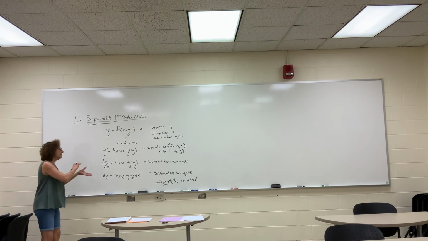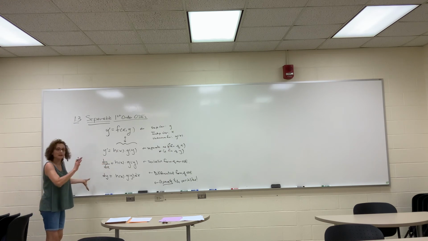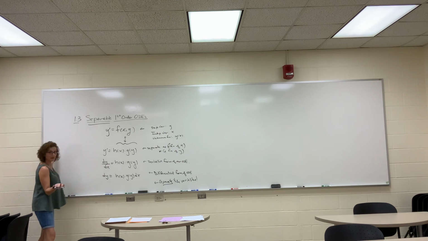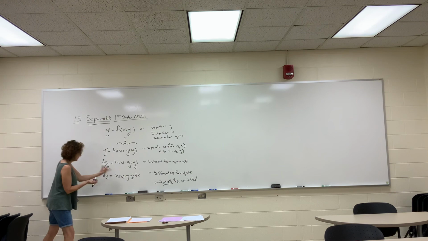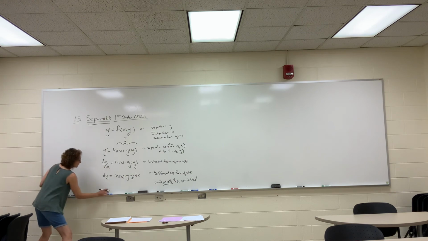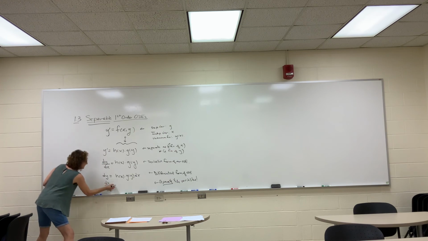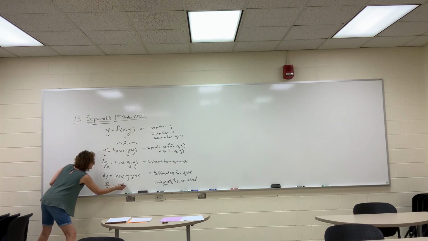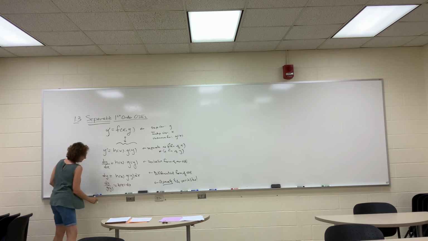Everything that's dependent variable on one side, everything that's independent variable on the other, right? So what would I need to do that? Good, just divide by g of y. dy divided by g of y is h of x dx, right?